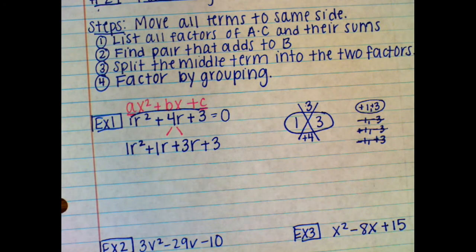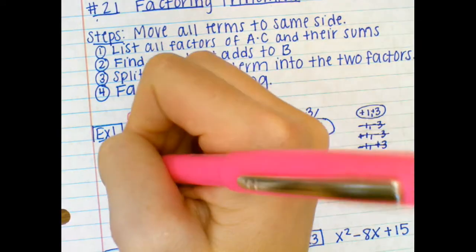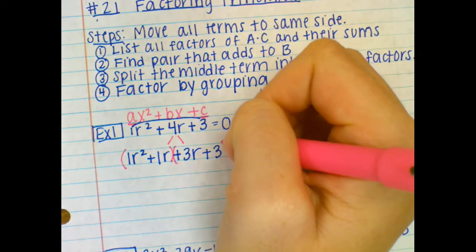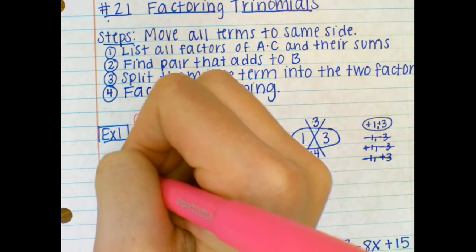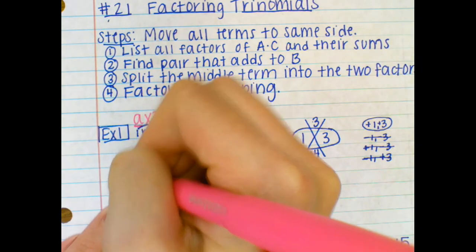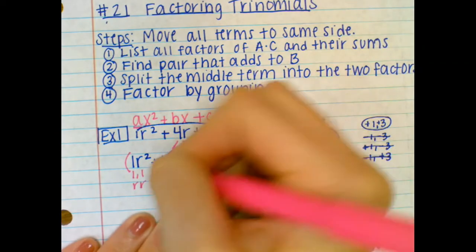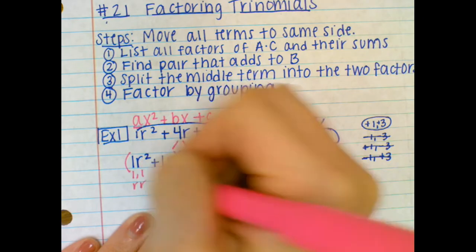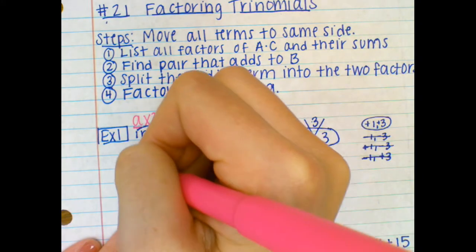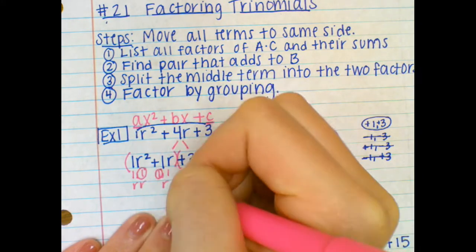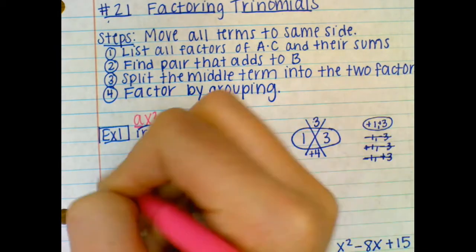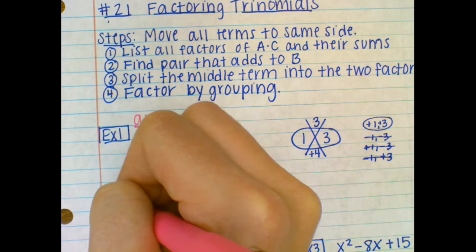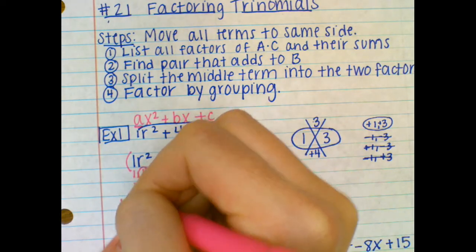So that means now I can group my first 2 and group my second 2 and start to find their GCFs. So factors of 1 are 1 and 1, r and r, 1 and 1, and r again. So my number in common is 1, and my letter is only 1r because this has 2 and that has 1.